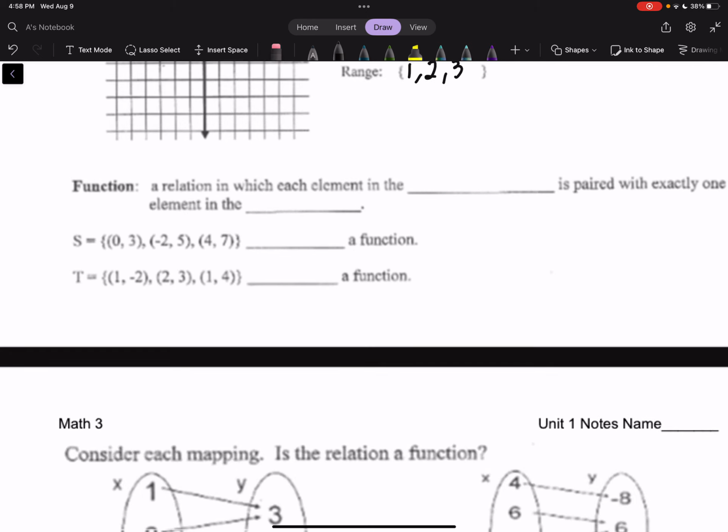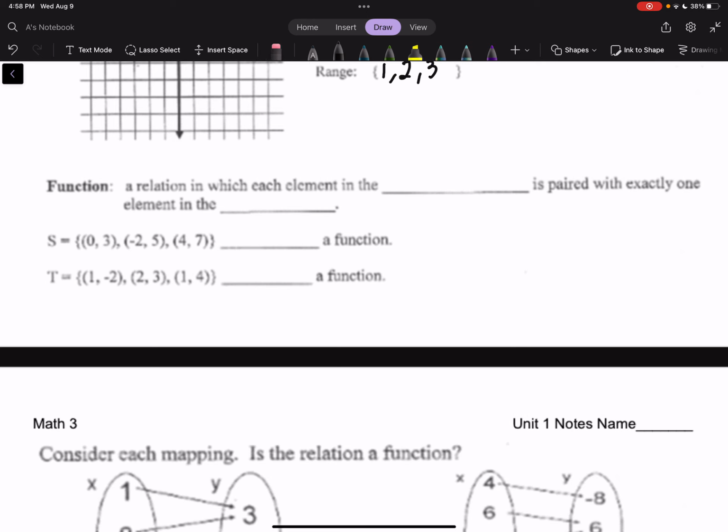Alright, a function. This is a relation in which each element in the domain is paired with exactly one element in the range.